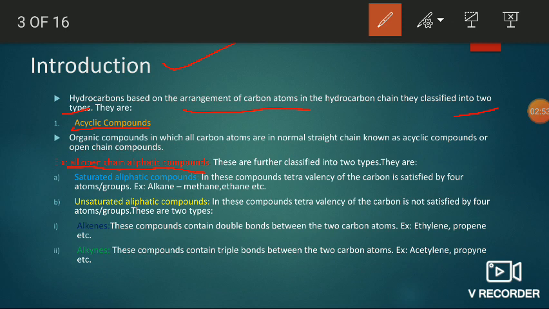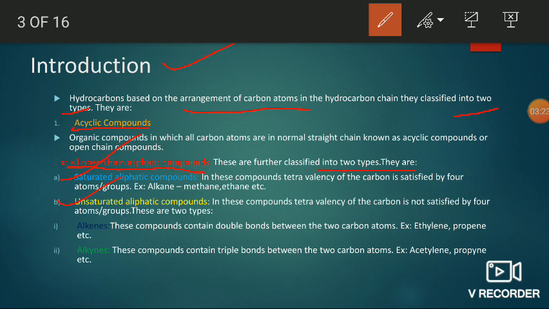Open chain aliphatic hydrocarbons are further classified into two types. They may be saturated aliphatic compounds, or they may be unsaturated aliphatic compounds. Here, saturation or unsaturation of the aliphatic compound generally depends on the carbon valency.